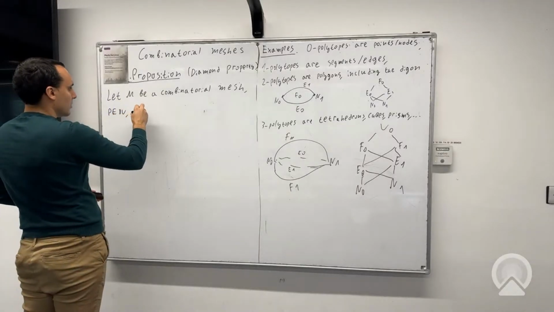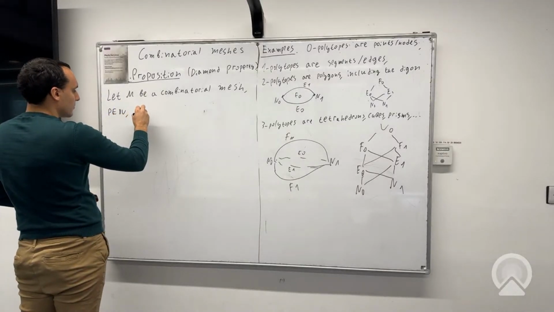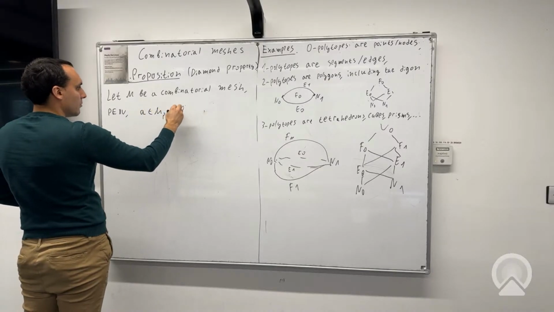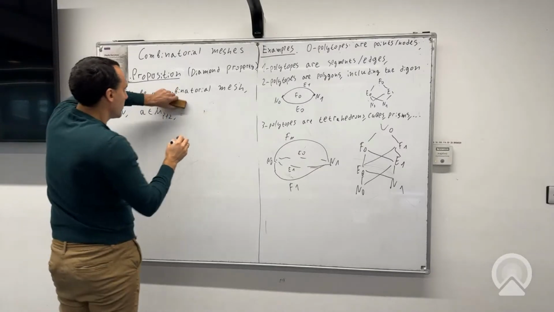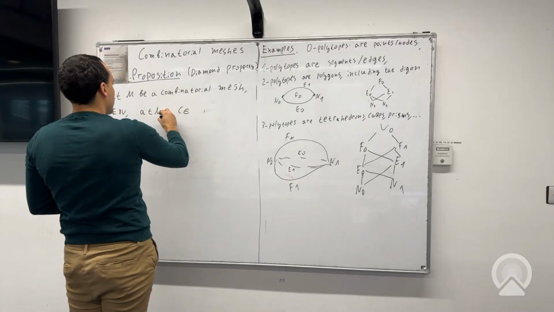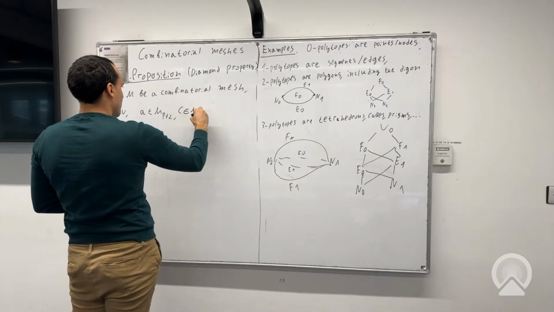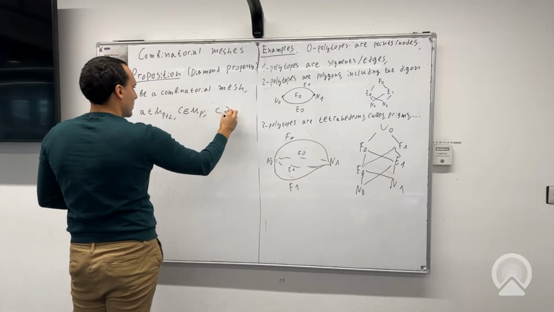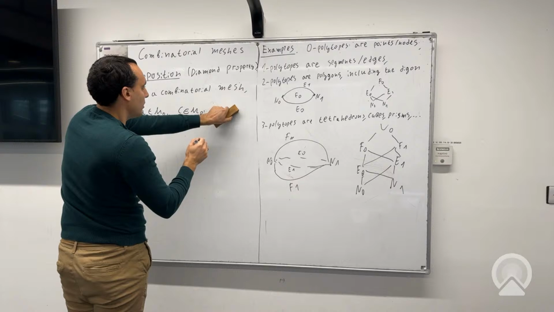It can be 0 as well. A is a P plus 2 cell. B, C is a P cell. And C is a face of A.